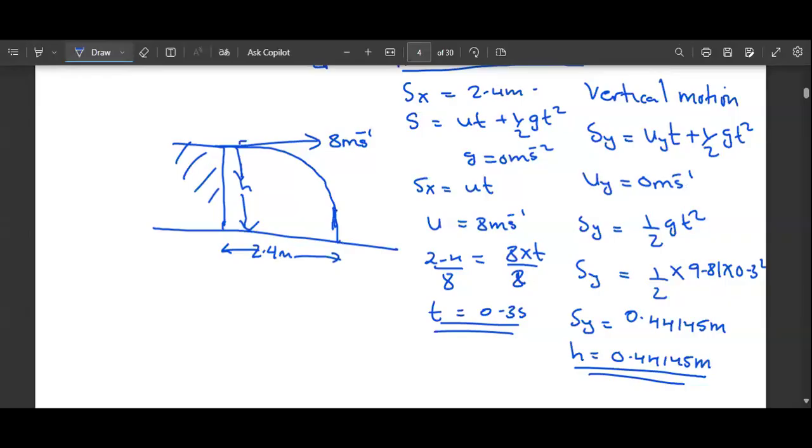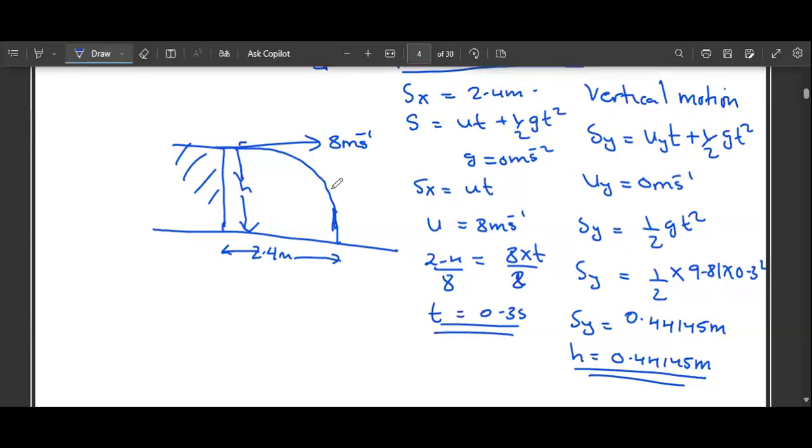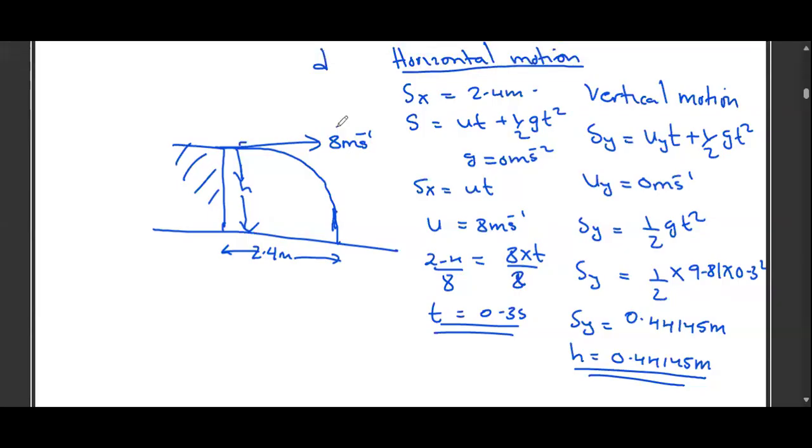Okay, someone has said that we should repeat the solution. Okay, now this is our sketch. I began by looking at the horizontal motion, where the horizontal displacement was given as 2.4. So our SX is given as 2.4.